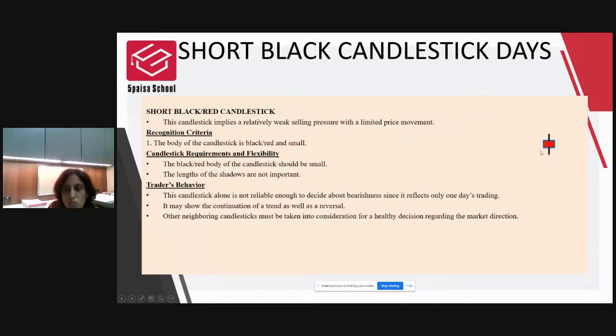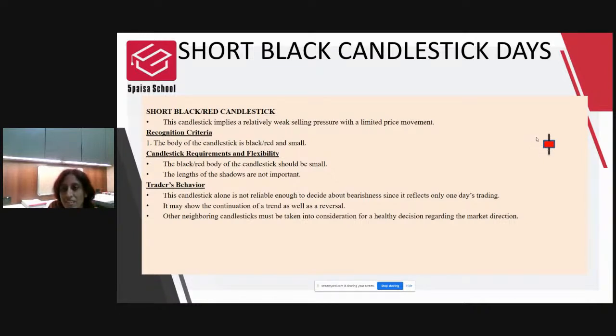So where is going to be the position of the opening price and closing price in this case? The opening price is going to be somewhere over here, and the closing price will be over here. Which means what?